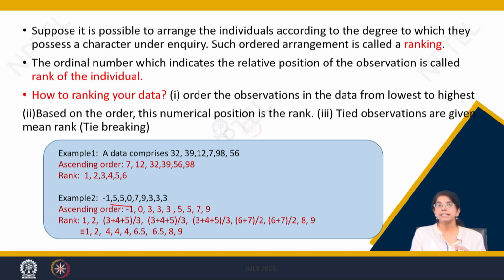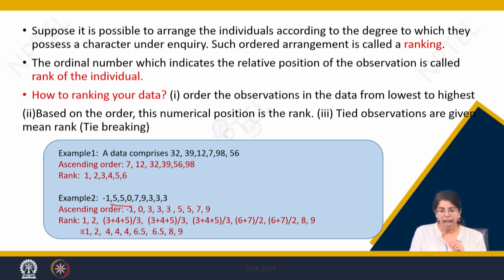So how to assign rank? For the first 2 observations, it is very easy. -1 is the smallest one, so the rank will be 1. And 0 is the second smallest, so the rank is 2. Now just have a look at this process. This is called average ranking or rank tie breaking.